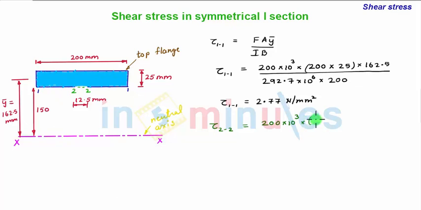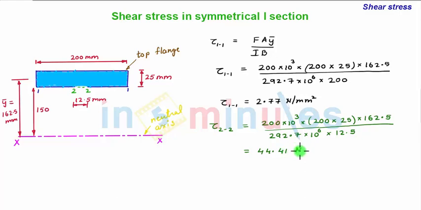So we'll have the same A y bar upon I of the whole section, multiplied by, now the width of this layer 2-2 is 12.5 mm. So upon solving we get this value as 44.41 Newton per mm square.